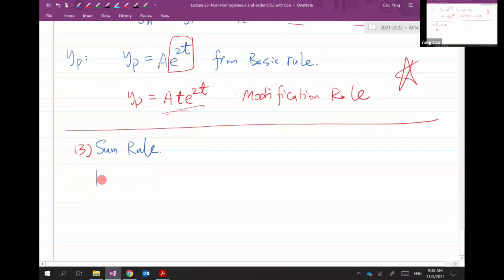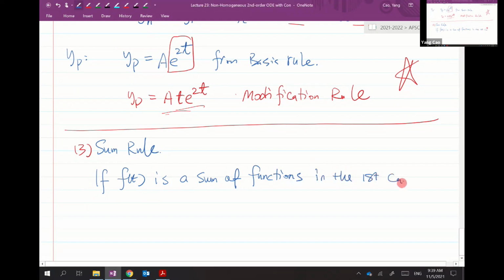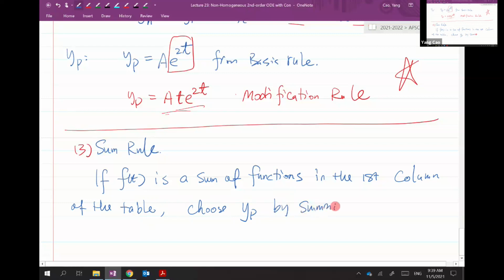This rule is relatively easier to use. Basically, if the function f of t is a sum of functions in the first column of the table, then you choose YP by summing up from column 2, the second column.